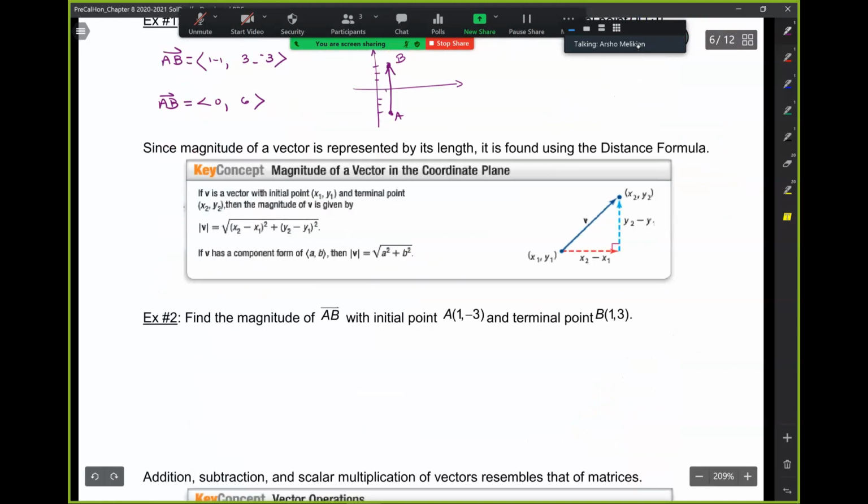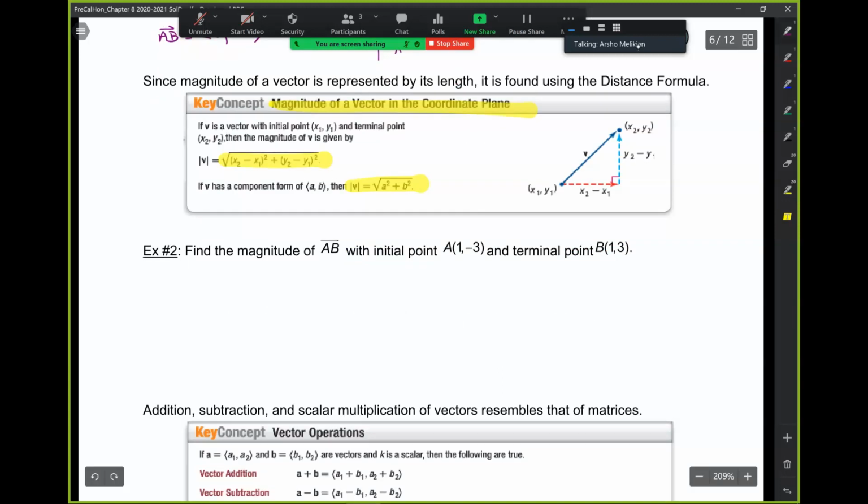So basically, to find the magnitude of a vector, you just do the square root of x2 minus x1 squared plus y2 minus y1 squared. That's basically the distance formula, right? But also, you can just do the square root of the first component squared plus the second component squared.